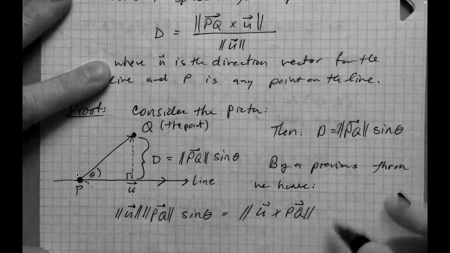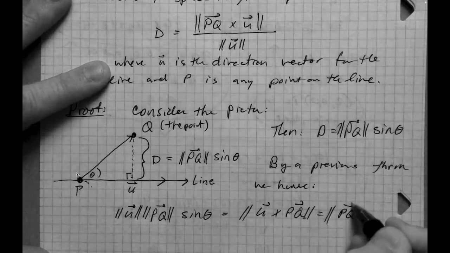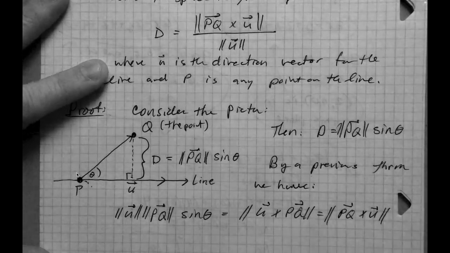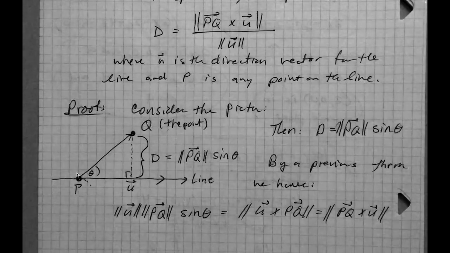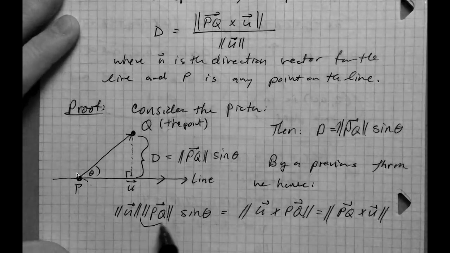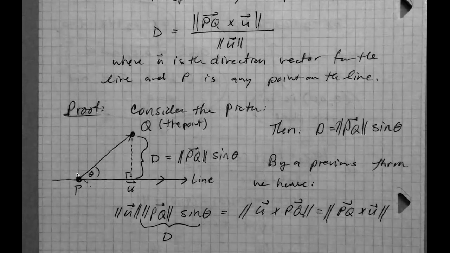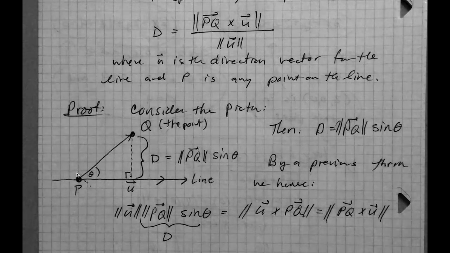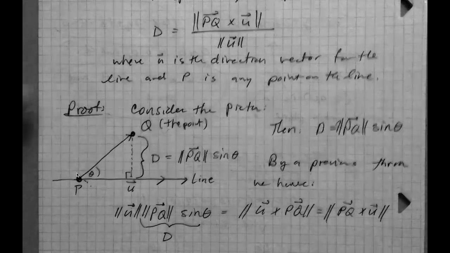Okay, the norm of that, which of course has the same norm as PQ cross U, right? Those vectors are different. PQ cross U and U cross PQ are different vectors, but they have the same norm. Okay. And so this part here, this is D, right? And so to get to that, we can simply divide everything down by the norm of U.